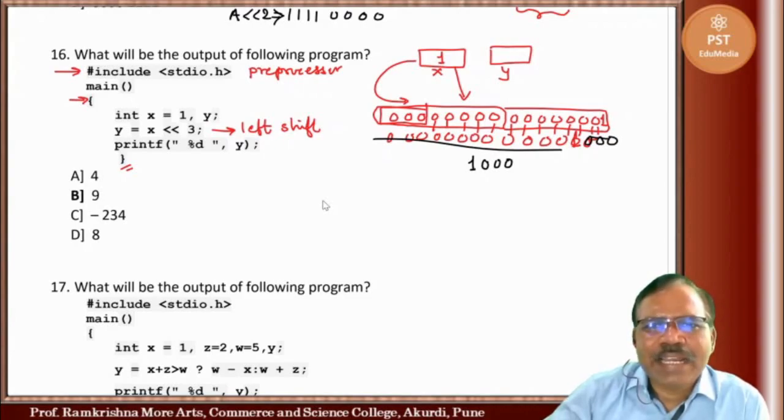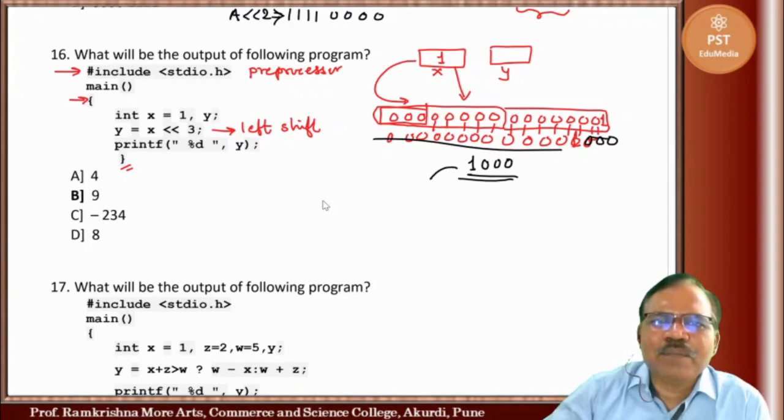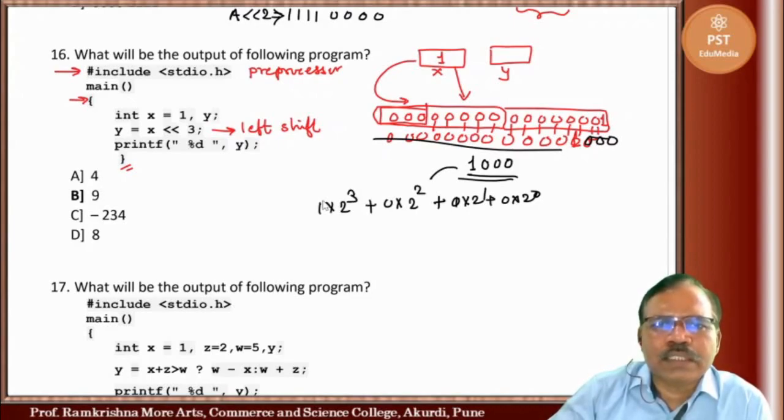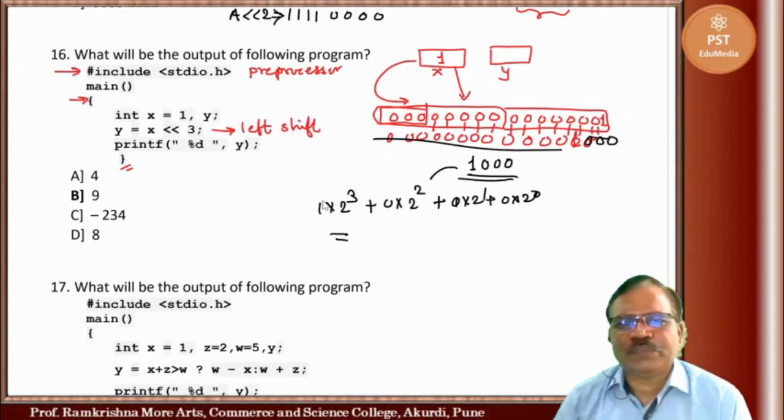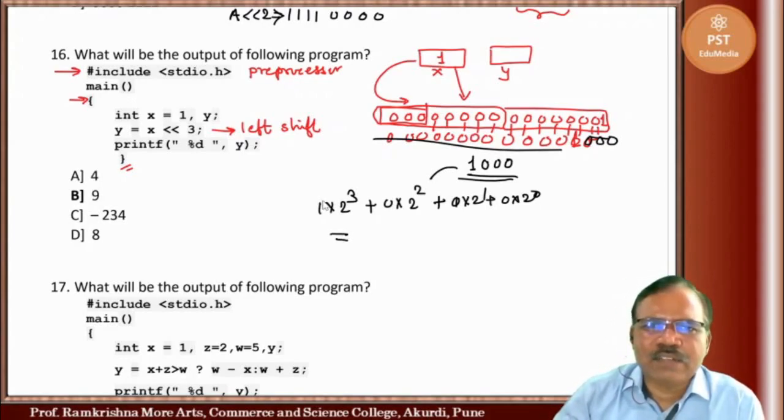Now if we find its decimal number, what happens here? Its decimal number we know is 0 into 2 raised to 0 plus 0 into 2 raised to 1 plus 0 into 2 raised to 2 plus 1 into 2 raised to 3. This binary is converted into decimal.